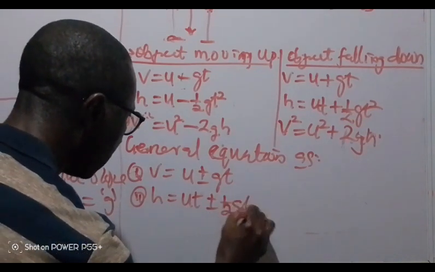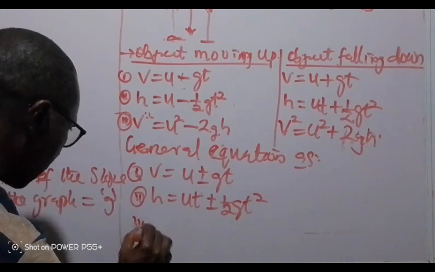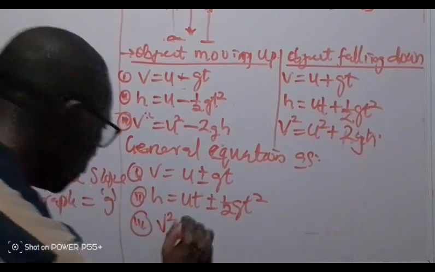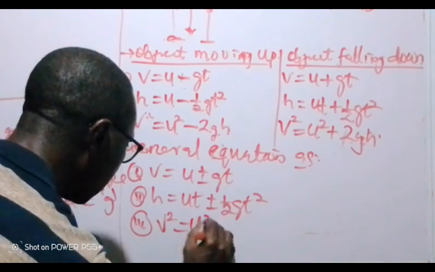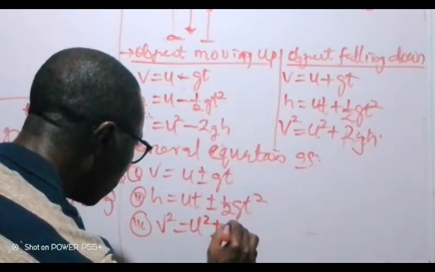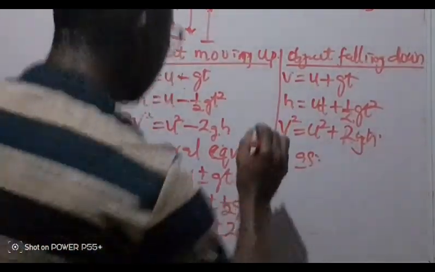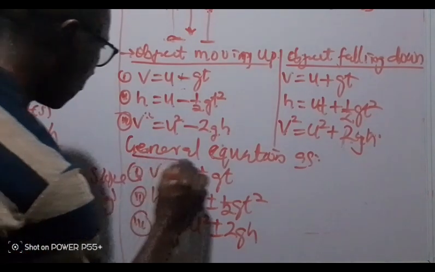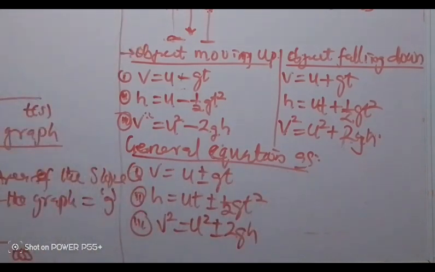And 3. v squared is equal to u squared plus or minus 2gh. That is the general equation for an object moving under gravity.